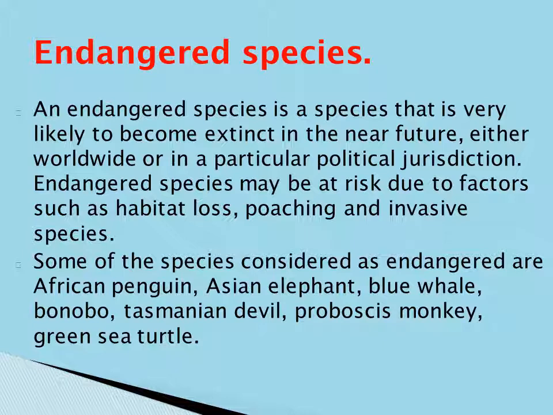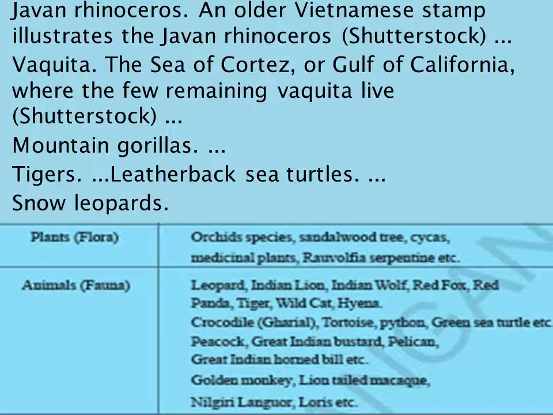Endangered species may be at risk due to factors such as habitat loss, poaching, and invasive species. Some species considered endangered are African penguins, Asian elephants, blue whale, bonobo, Tasmanian devil, proboscis monkey, green sea turtle also. Javan rhinoceros is not seen, and many gorillas, tigers.